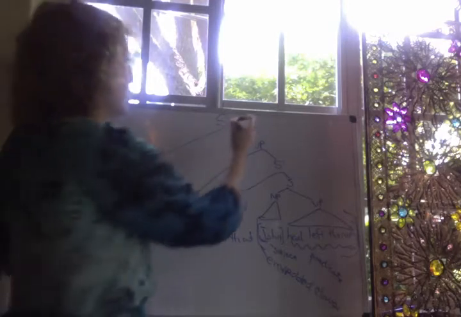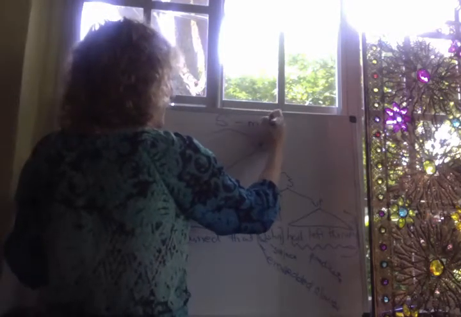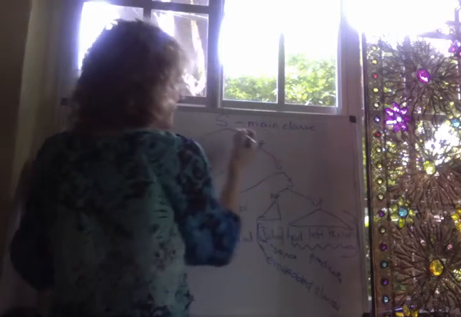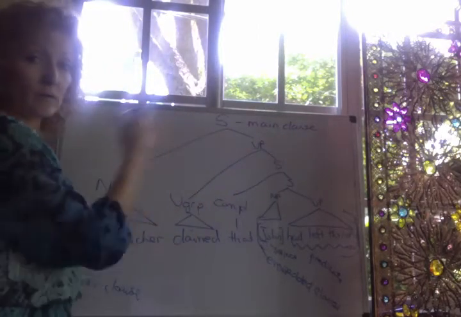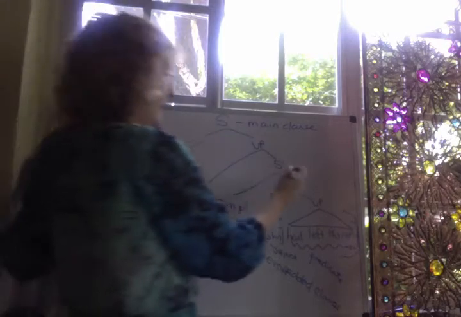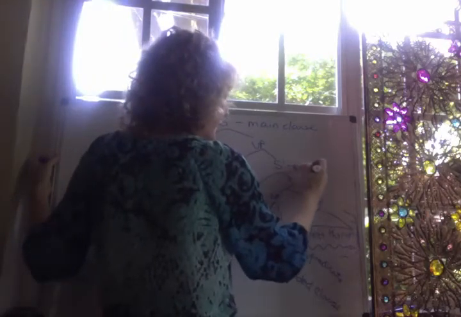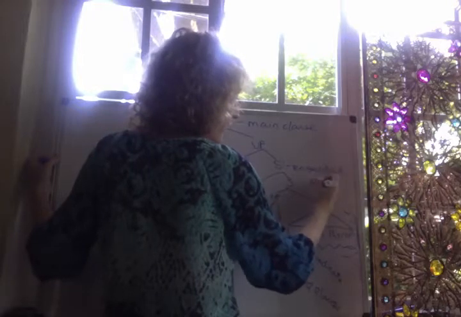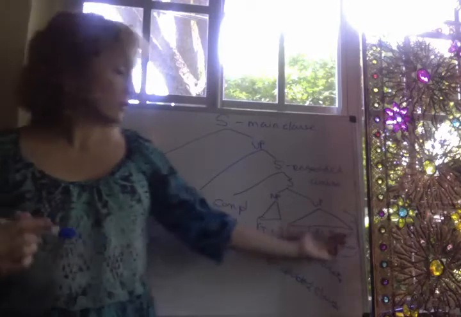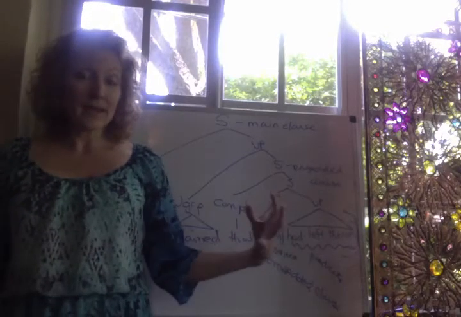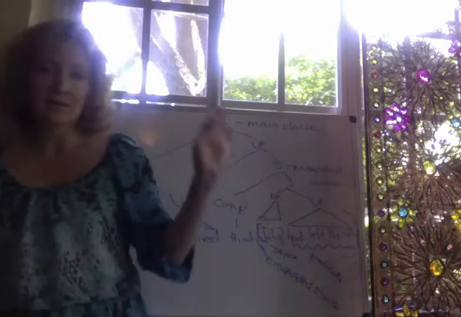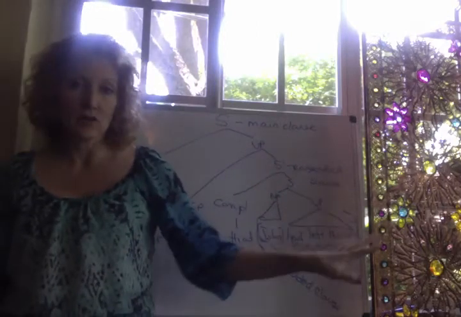So if you wanted to point out the main versus the embedded clause here, we say that this guy is the main clause, right? It includes everything. And this guy, this S bar, is our embedded clause. Because it includes all the material that is part of the sentence within the sentence. That's always what an embedded clause is, a sentence within another sentence.